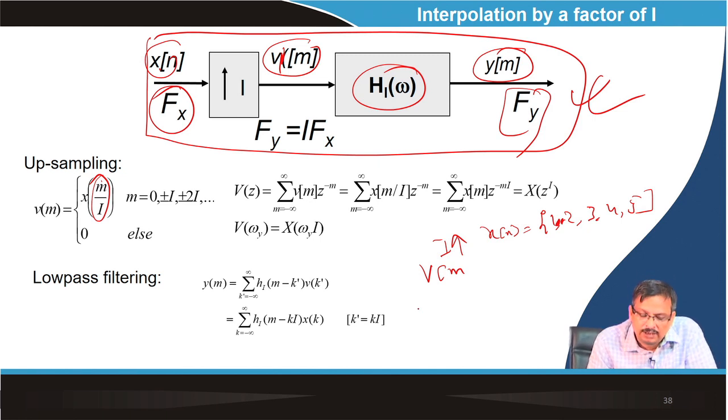In case of x of n, the distance between two samples is T. So when I write x of n, it is basically x of nT.